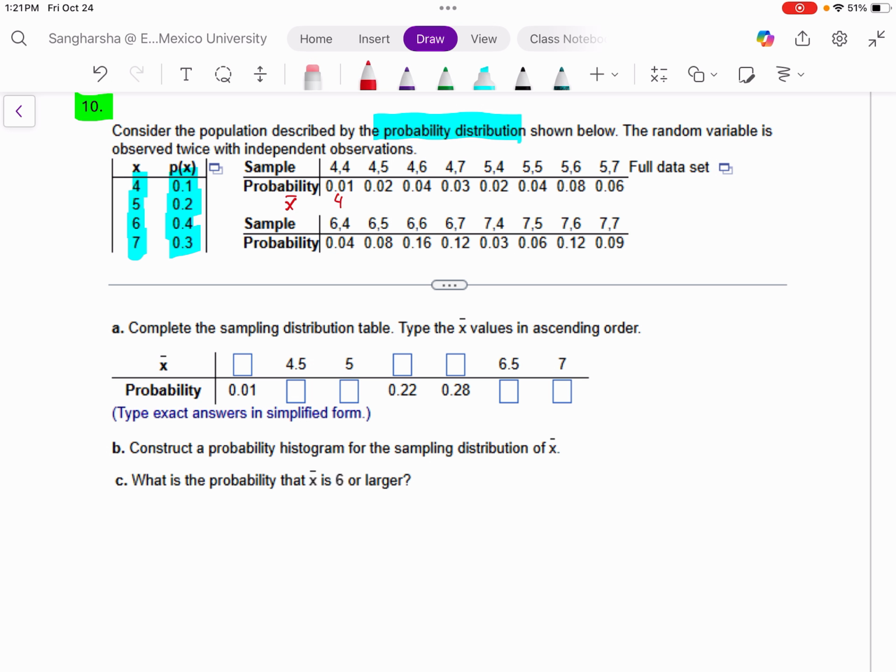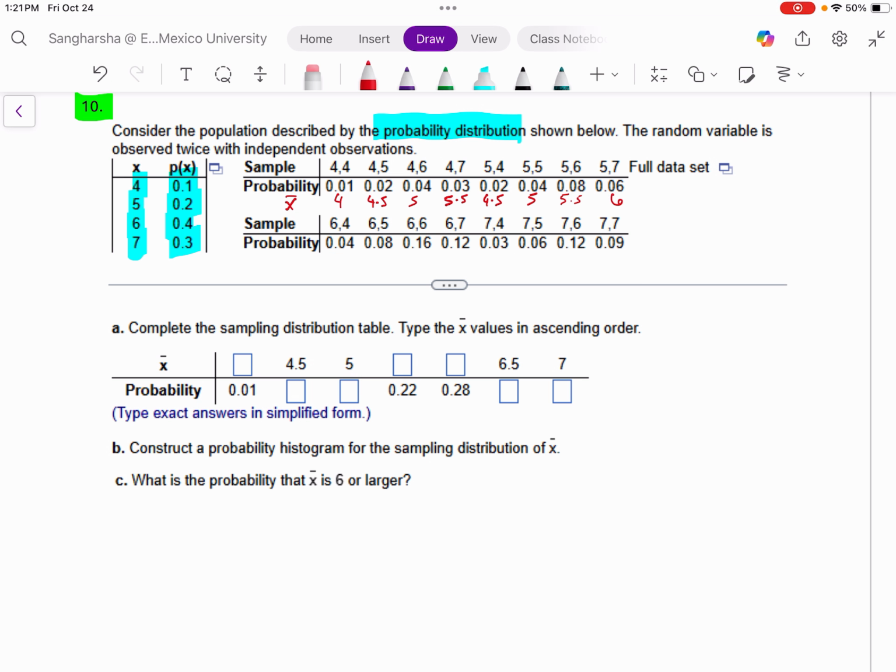X bar for 4 and 5, 4.5. 4 and 6, 10 divided by 2, 5. 4 plus 7, 11 divided by 2, 5.5. 5 plus 4, 9 divided by 2, 4.5. 5 plus 5, 10 divided by 2, 5. 5 plus 6, 11 divided by 2, that is 5.5. 5 plus 7, 12 divided by 2, 6.